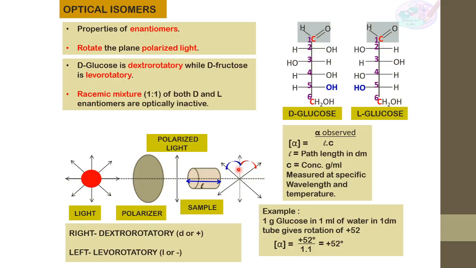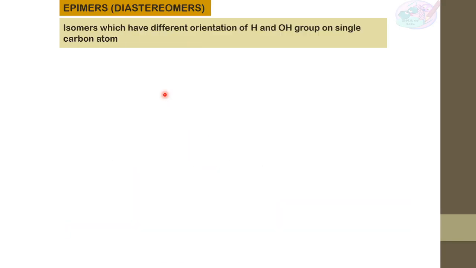If D glucose is rotating this light in the right direction and L glucose is rotating this light in the left direction, then they will cancel each other's effect. So finally you will get no optical rotation. That's why a racemic mixture, meaning an equal ratio of D and L sugar, will always be optically inactive. Ideally they are not optically inactive, they are just cancelling each other's rotation.